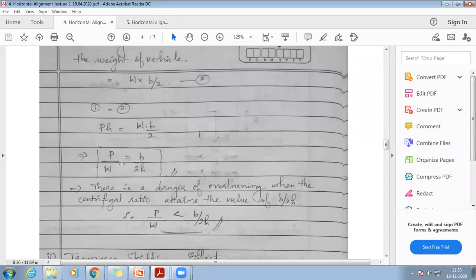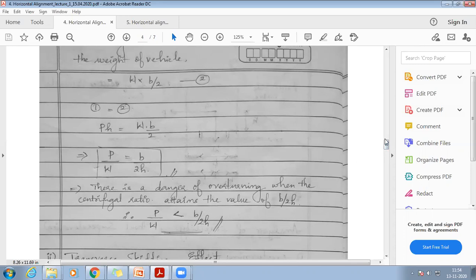As I've written here, there is a danger of overturning when the centrifugal ratio attains the value of b by 2h. When P by W is equal to b by 2h, there is a danger of overturning of the vehicle. So the condition must be P by W lesser than b by 2h. The overturning moment should be less than the restoring moment.